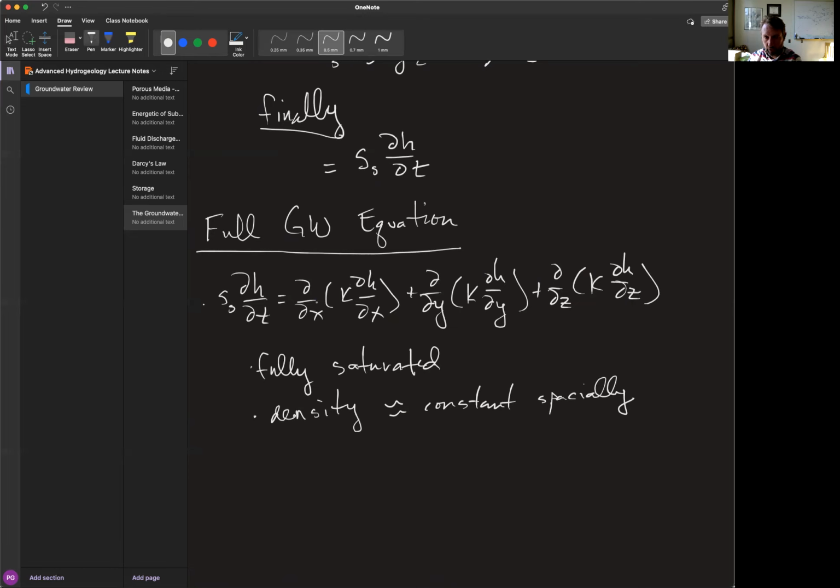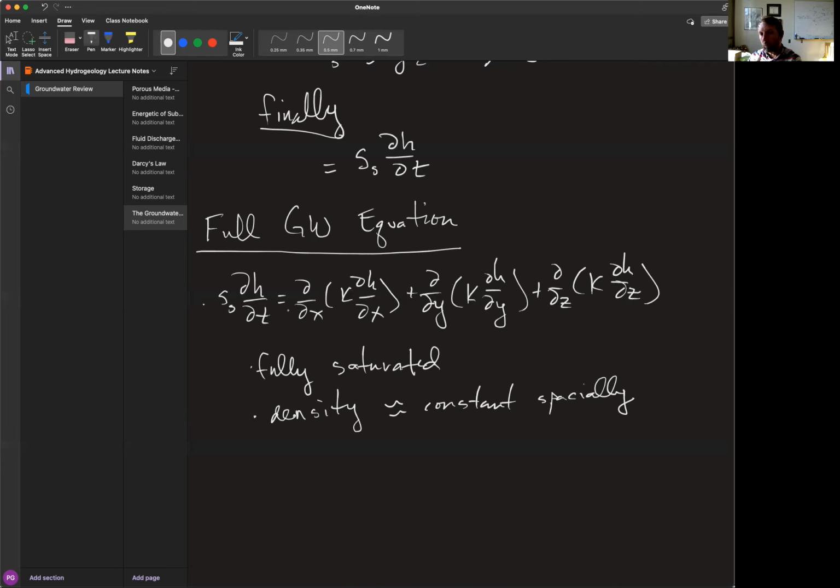As it's written right now, this is a linear partial differential equation because the parameters that control the equation, things like K and Ss, are not a function of the head. So we call this a linear partial differential equation. It has 3 spatial dimensions and a time dimension.